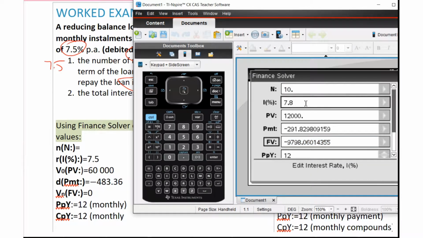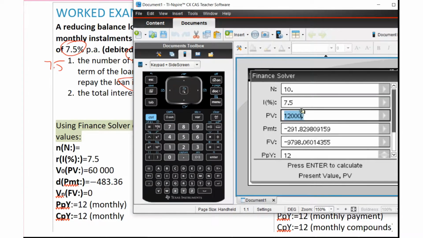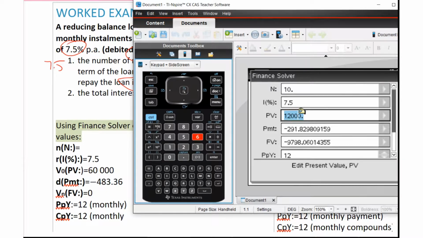I'm after N, so my interest here is 7.5. Our PV is 60,000. Our payments are minus, so make sure you put your minus, 483.36.